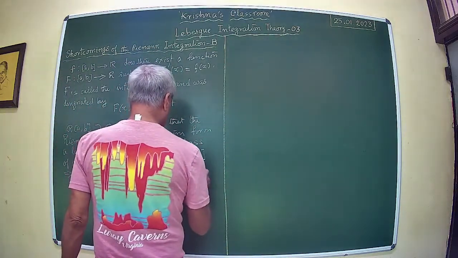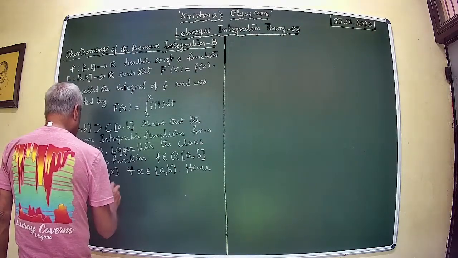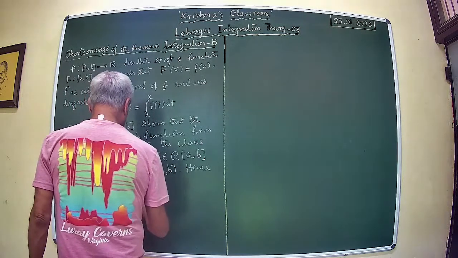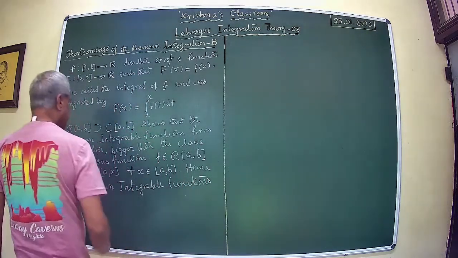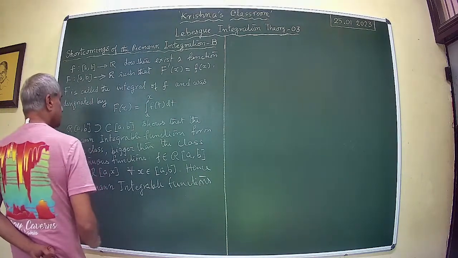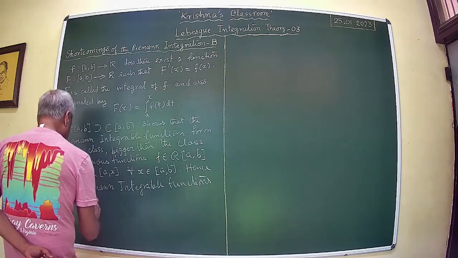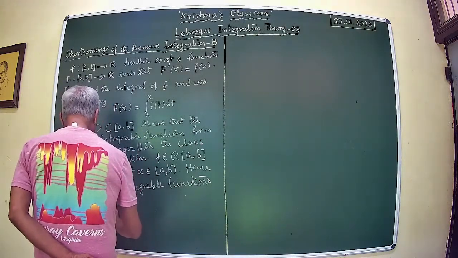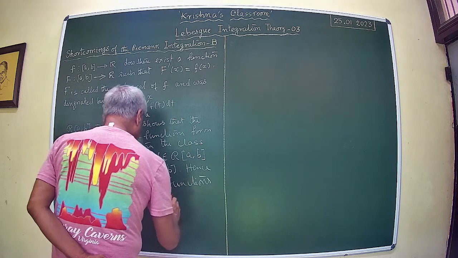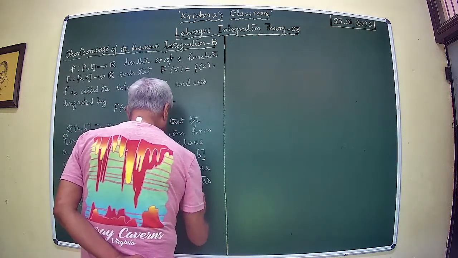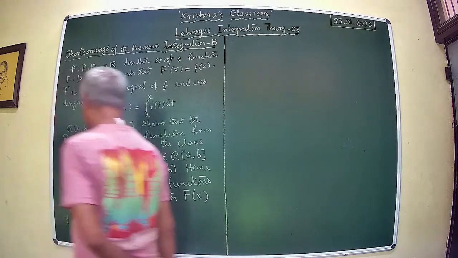Therefore, for all such functions, the integral from a to x of f(t) dt defines a function capital F of x for every x belonging to [a, b]. This was possible.